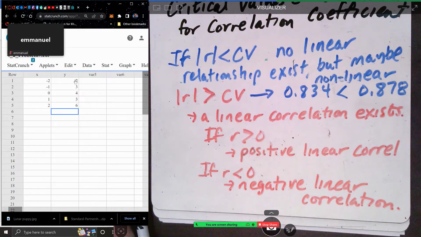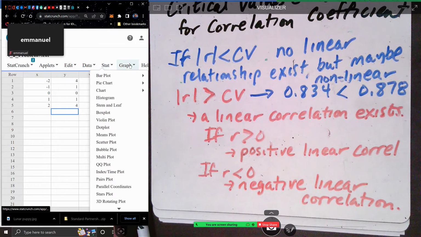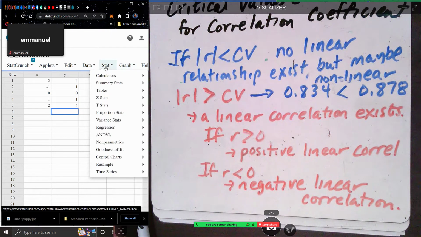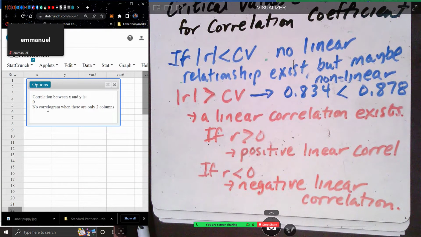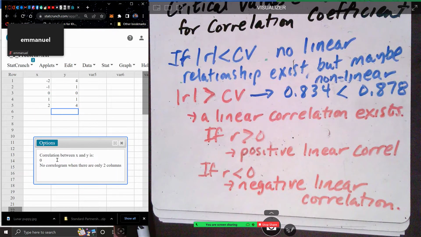I'm going to go back to the parabolic one. So for these values, the correlation between x and y is 0.